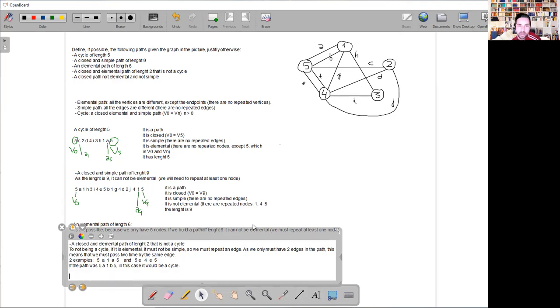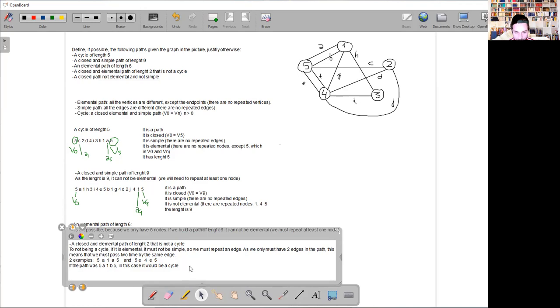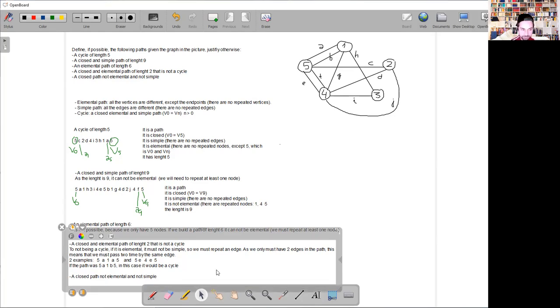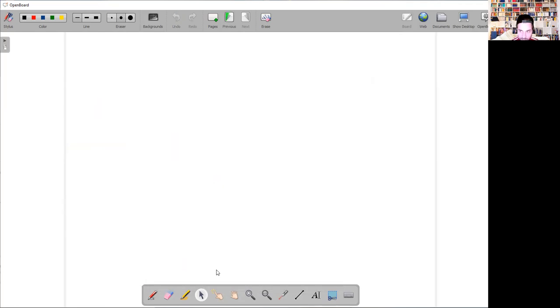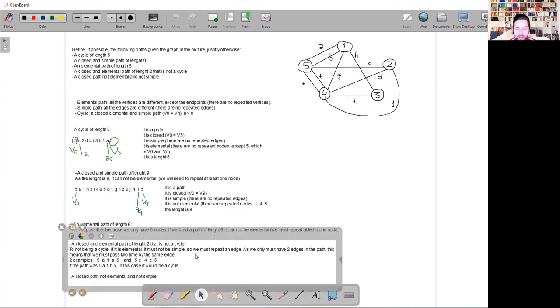And the final question is a closed path, not elemental and not simple. Right, so in this case, what happened? Okay, let me come back here.